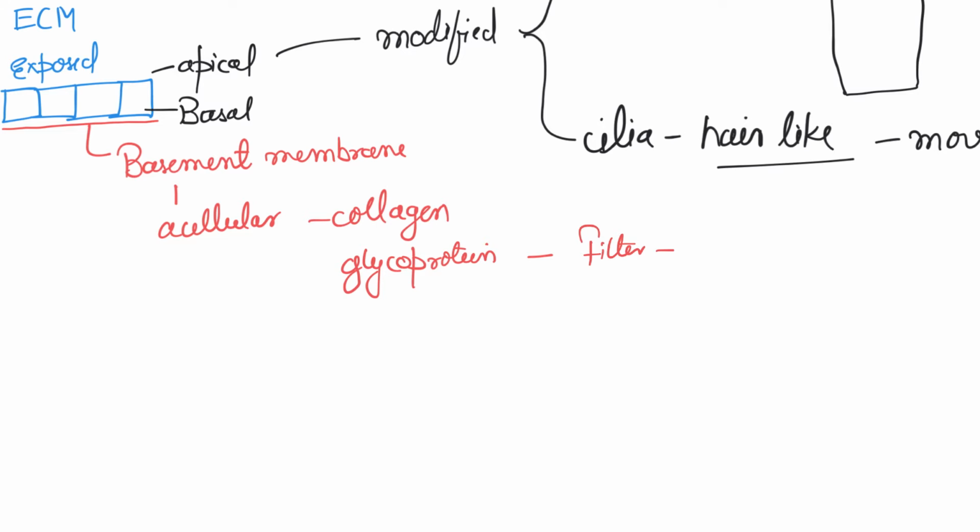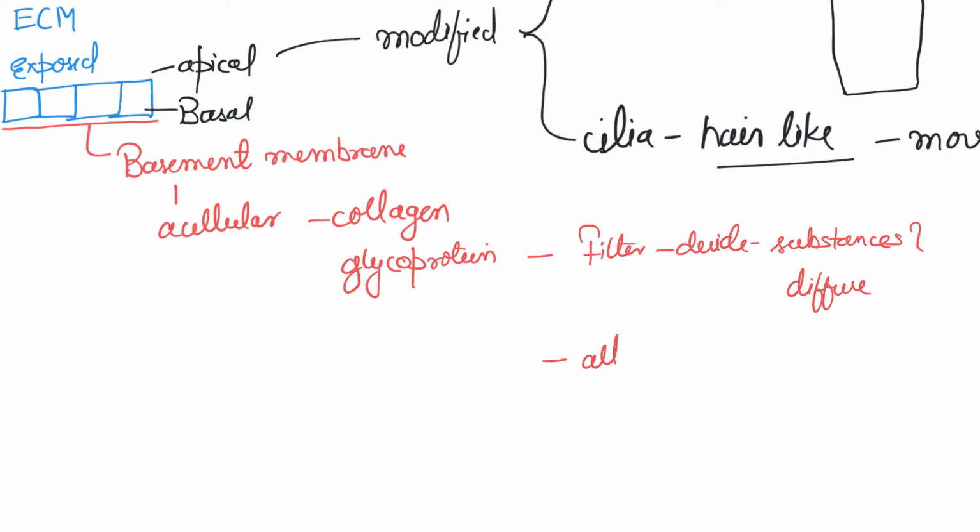So it will decide which substances are going to diffuse across the basement membrane and be available to the epithelia. Okay, so it's a filter, it's a gatekeeper, right? So the blood vessels would be beneath the basement membrane in the underlying connective tissue, and this basement membrane is going to filter and decide.